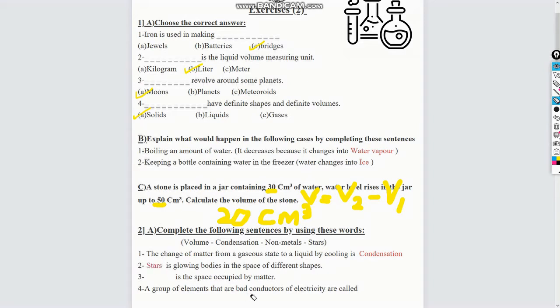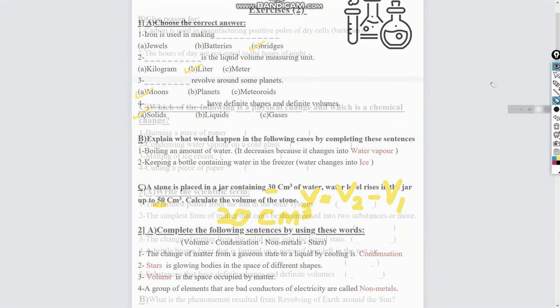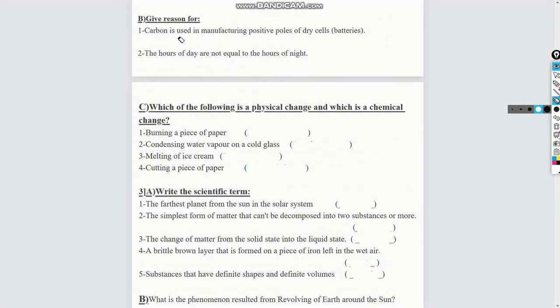Yes, it's stars. What is the space occupied by matter? Yes, you're correct. Volume. A group of elements that are bad conductors of electricity are called... yes, nonmetals.